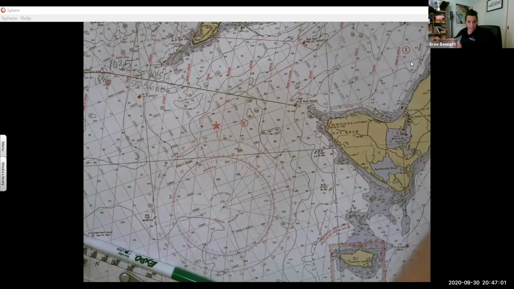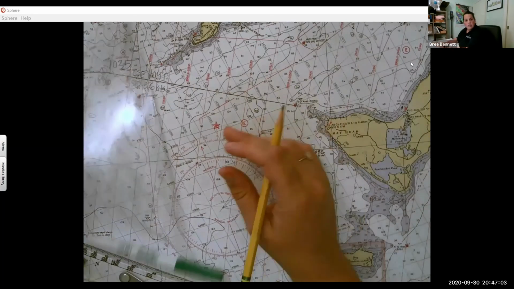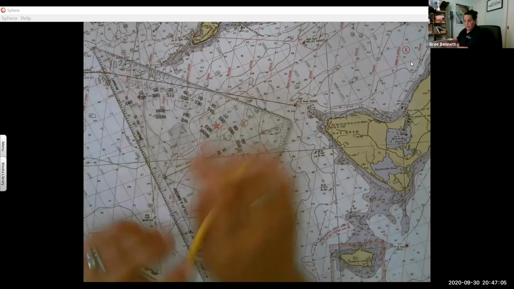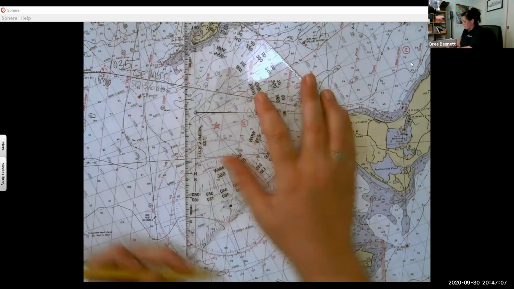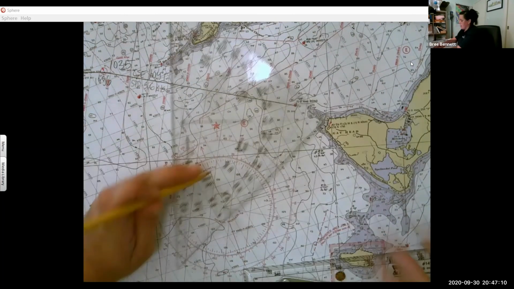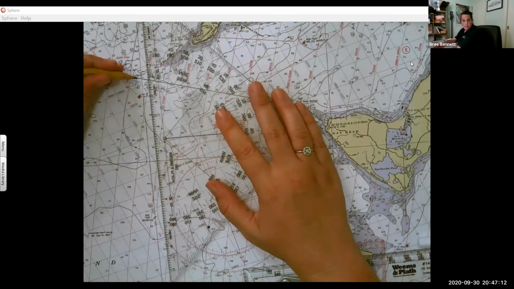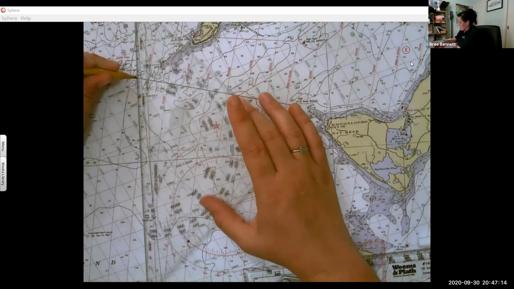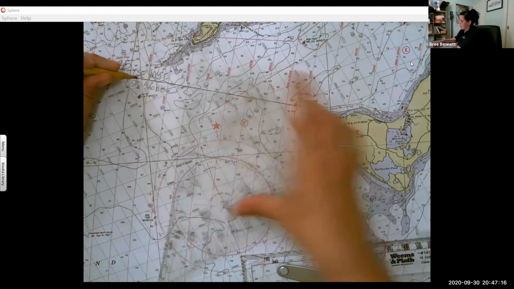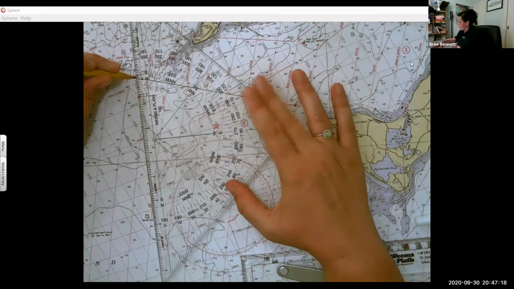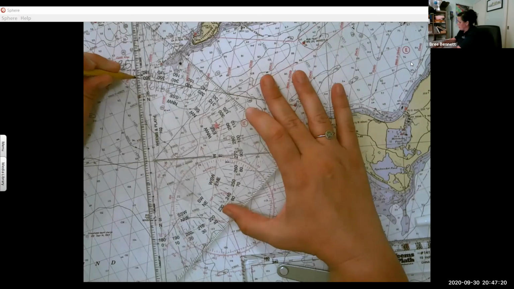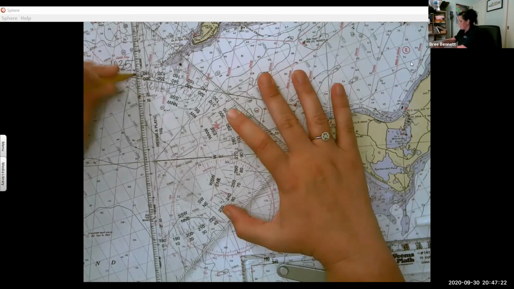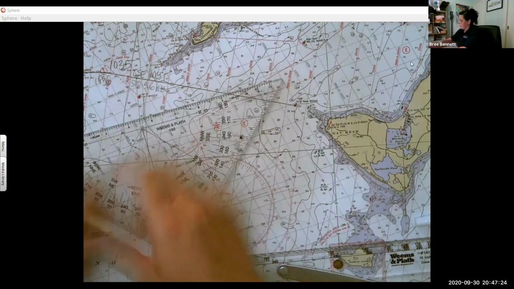I'm pretty zoomed in here on the chart, but I like to plot in my longitude and latitude. I put my pencil on my position, line up my triangle, which I have upside down. There's my longitude line.